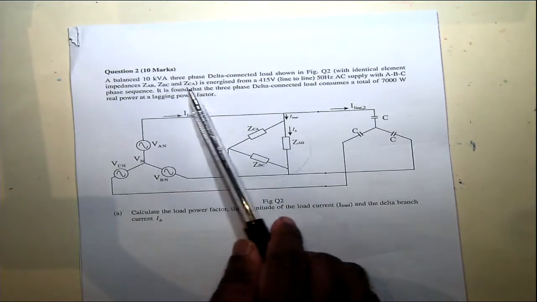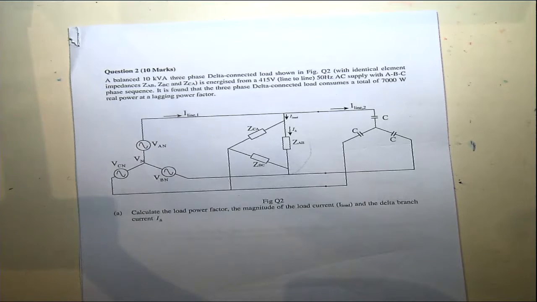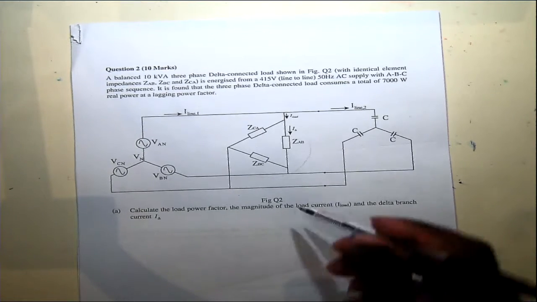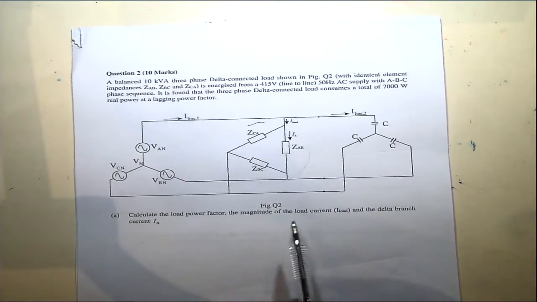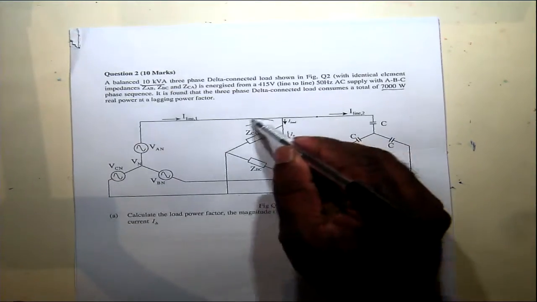It is found that the three-phase delta connected load consumes a total of 7,000 watts real power at lagging power factor. So you are given the volt-ampere and the watt values of this particular load.